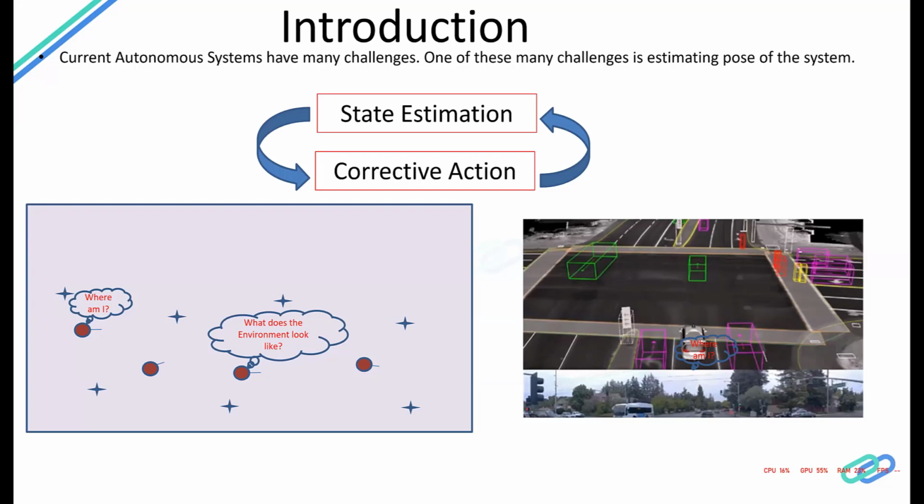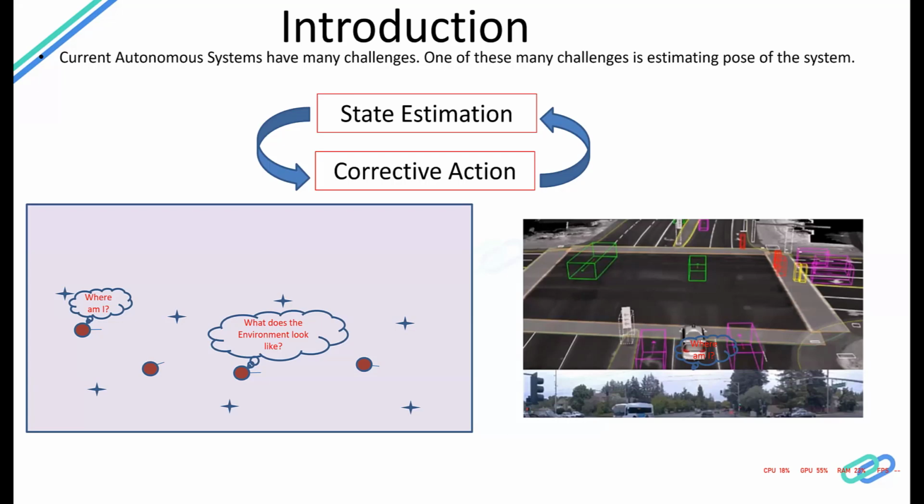And corrective action is nothing but the action that is taken, based on the SLAM algorithm that you have, to correct the system's action and put it in the right pose as you intend it to be. So here is where the algorithm comes into play, right? The corrective action and also making the robot aware of its current position is where the SLAM algorithms come in.